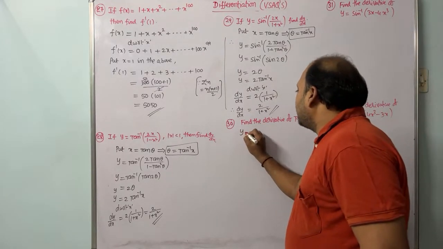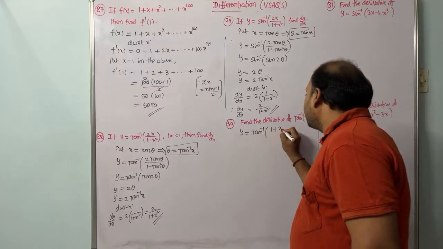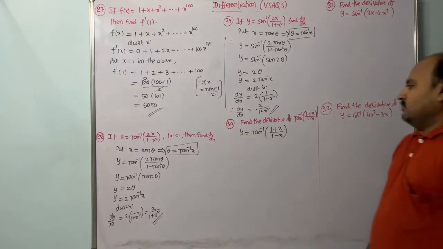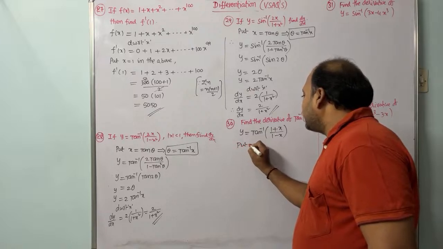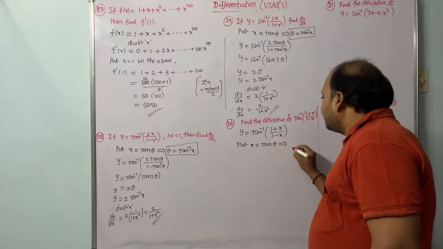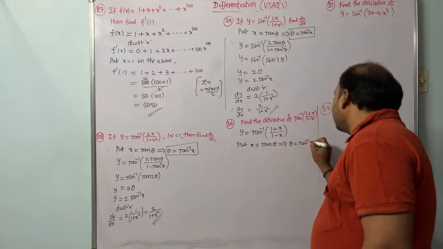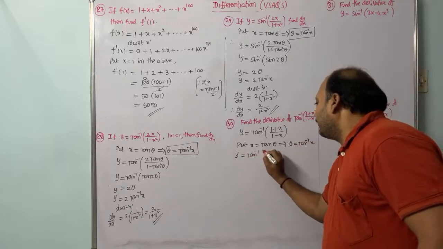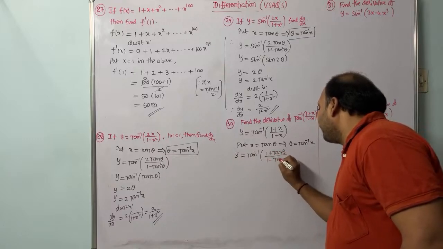So let us consider the given function as y is equal to tan inverse of 1 plus x by 1 minus x. If you put x is equal to tan theta, dear students, that implies theta equal to tan inverse x. y equal to tan inverse of 1 plus tan theta by 1 minus tan theta.